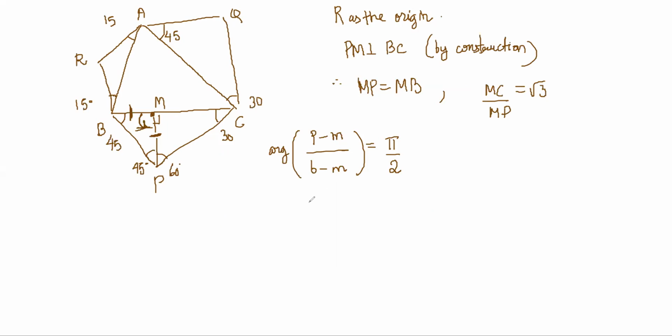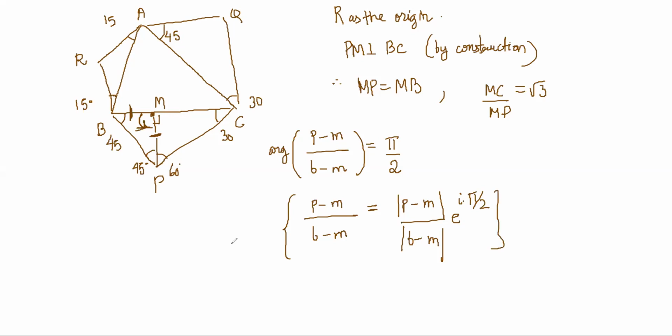So I can write the complex number P minus M by B minus M will be equal to mod of P minus M by mod of P minus M into e power I pi by 2, no? Okay, this step everyone should understand. So if I say argument of some complex number Z is equal to say alpha, right?